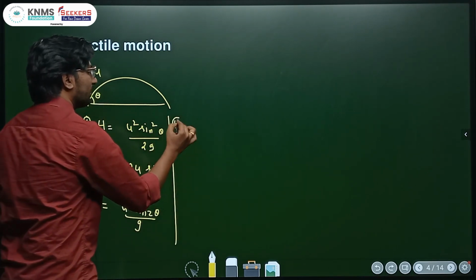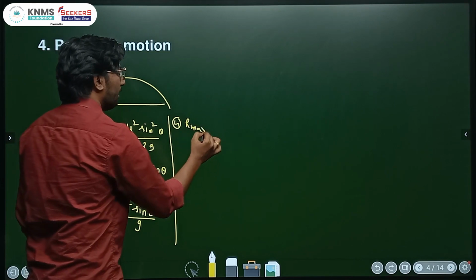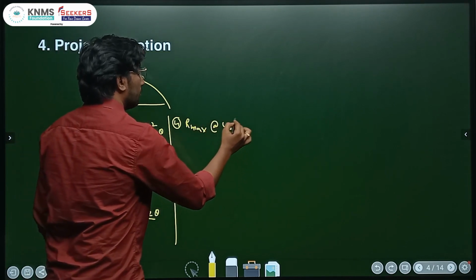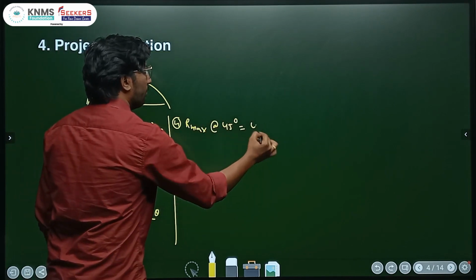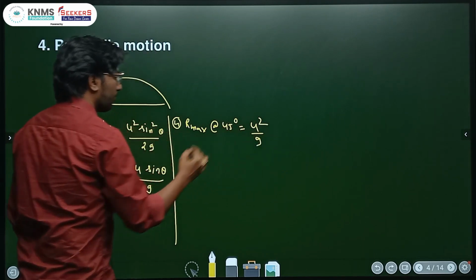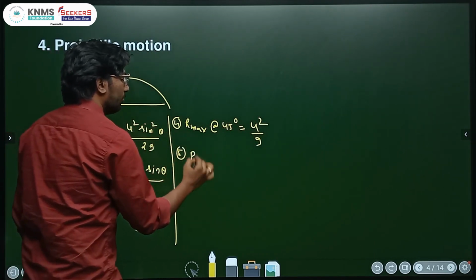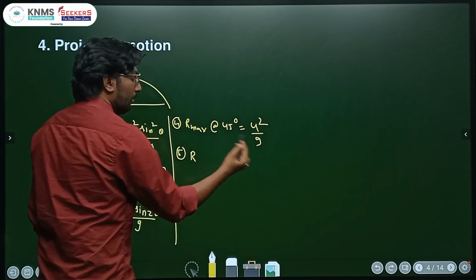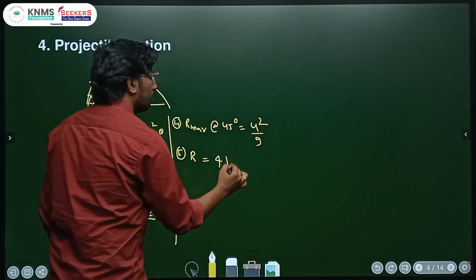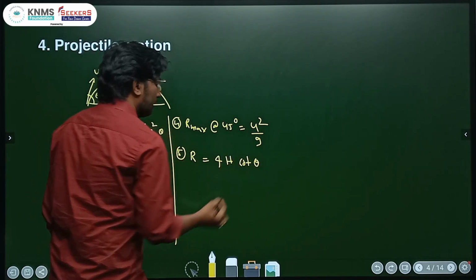This range can be maximum at 45 degrees, therefore its value will become u square by g. The relation between range and maximum height is R equals 4H cot theta.